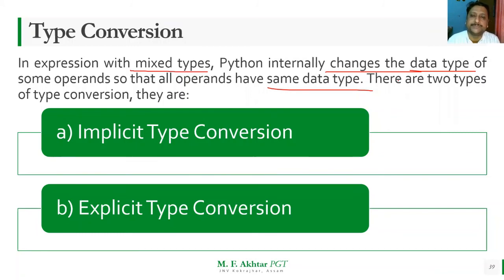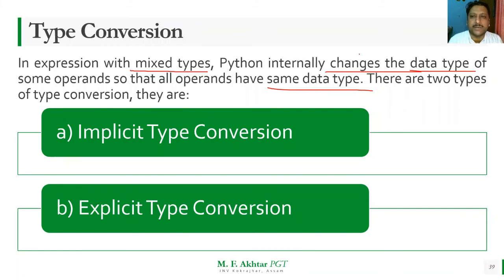Okay, it is necessary for processing, otherwise it will not give you the correct result. A computer needs these things. Okay, so all the data types are converted to one, the same data type.